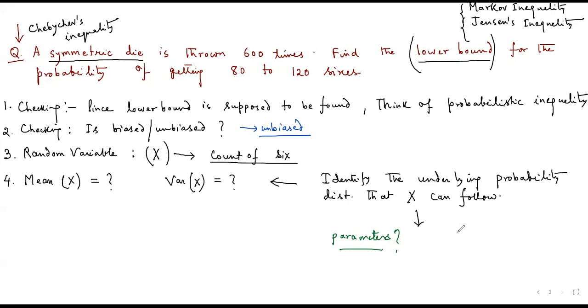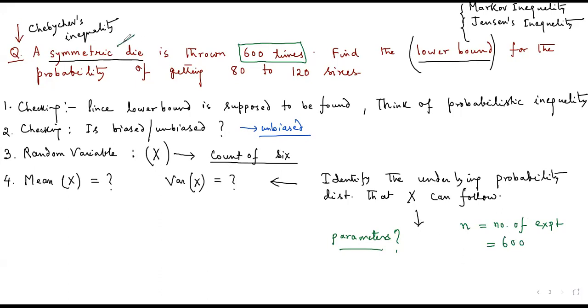Let's think about the binomial probability distribution. In binomial probability distribution, we have n as the number of experiments or number of observations. Try to look for it in the question. You see the symmetric die is supposed to be thrown 600 times. So n is 600.